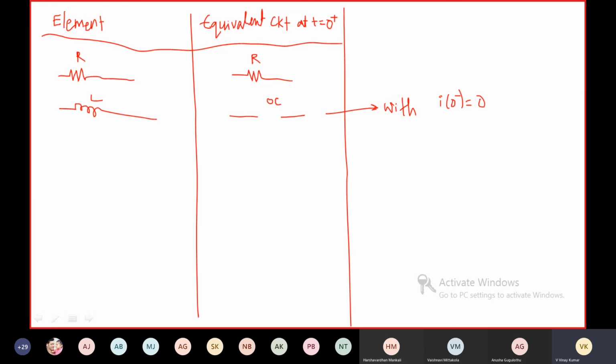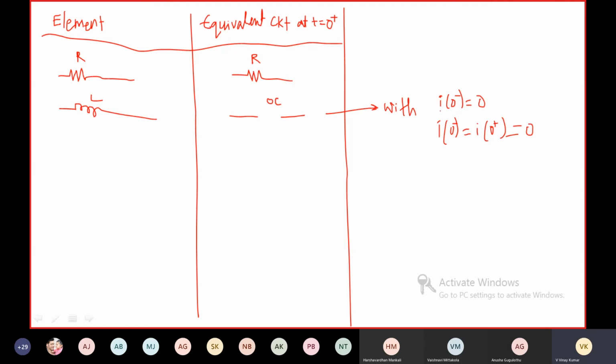Current through the inductor cannot change instantaneously. I of 0 minus is equal to I of 0 plus is equal to 0, with zero initial condition.